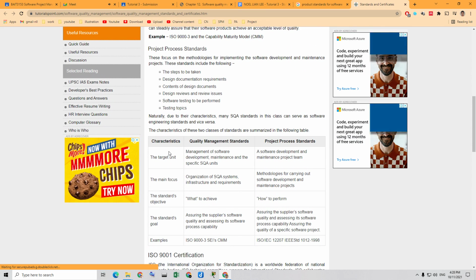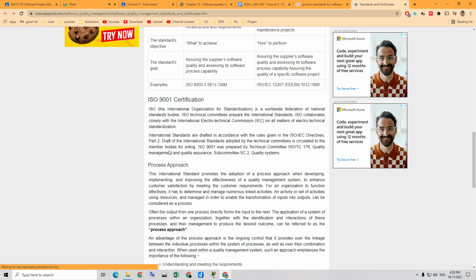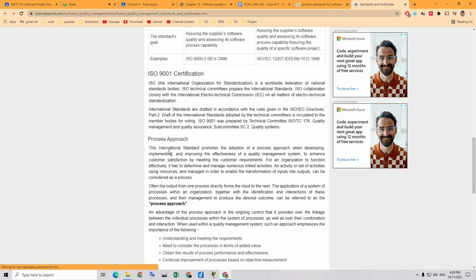You can get some points from the lecture notes. Improve productivity. Other than that, you have lower number of errors, lower costs, project on schedule.